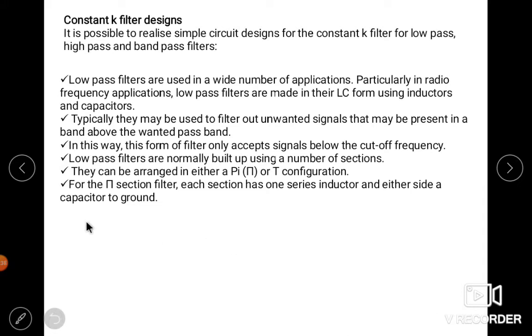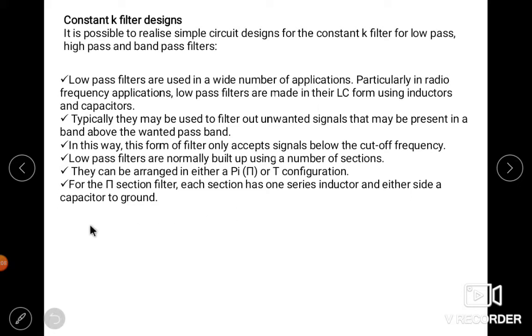Earlier we have designed this type of filter. Typically they may be used to filter unwanted signals present in the band above the wanted pass band. If I say low pass filter, the low pass filters are made in LC form using inductor and capacitor.